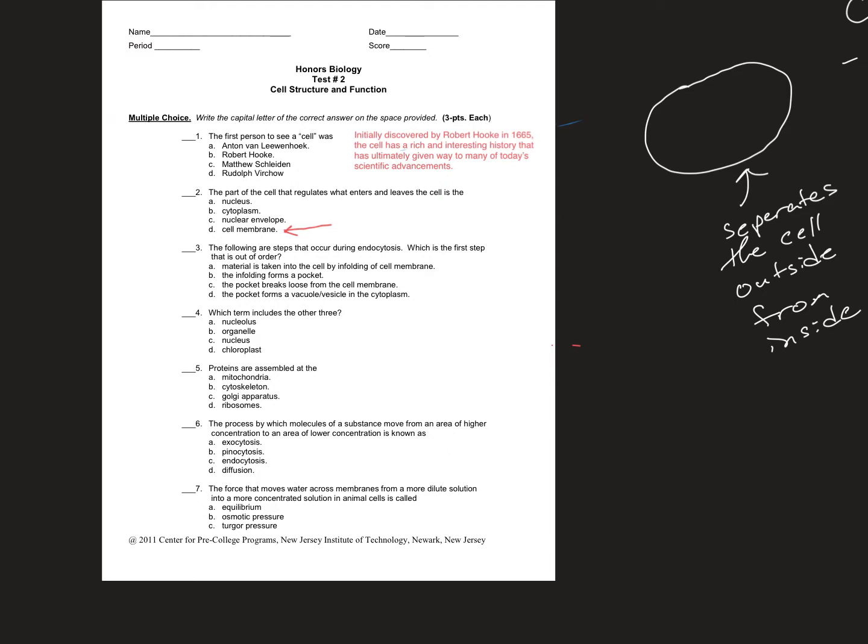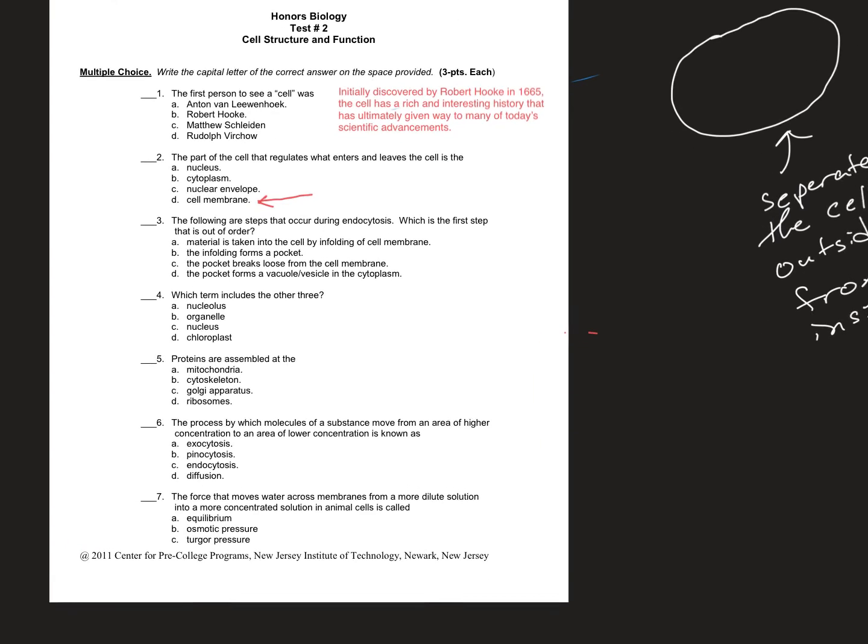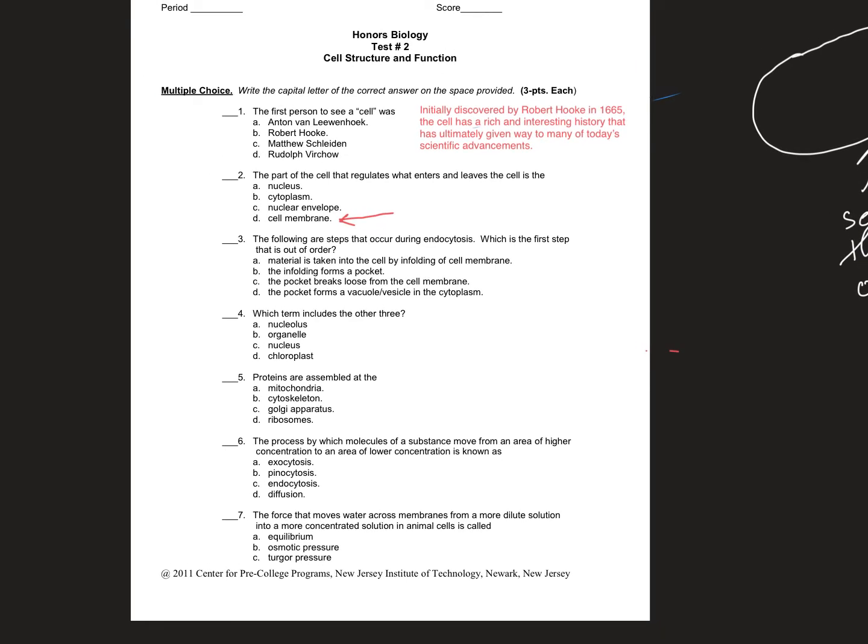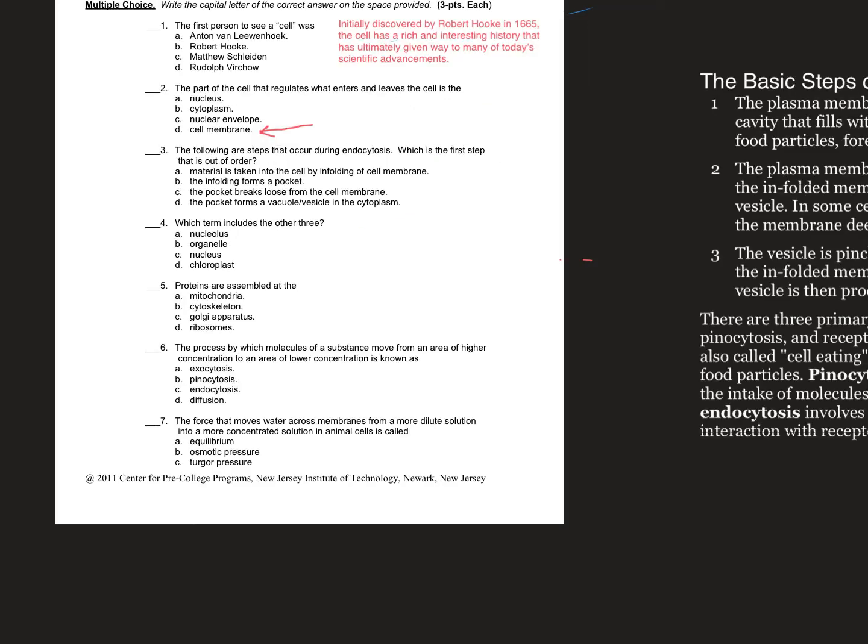So when you get your answers back, if you see you got this one wrong, you really have to do some reflection on that. The following are steps that occurred during endocytosis, which is the first step that is out of order. The next question was obviously a mistake by the writers of the question. It seems to me there is no error in the four choices. The order seems to be correct.